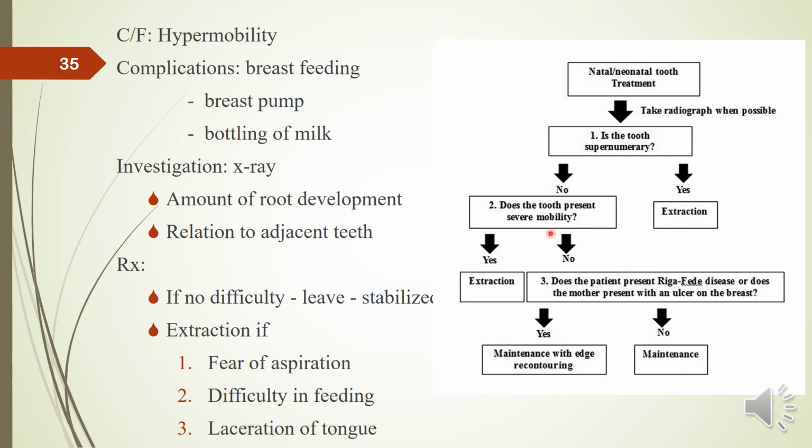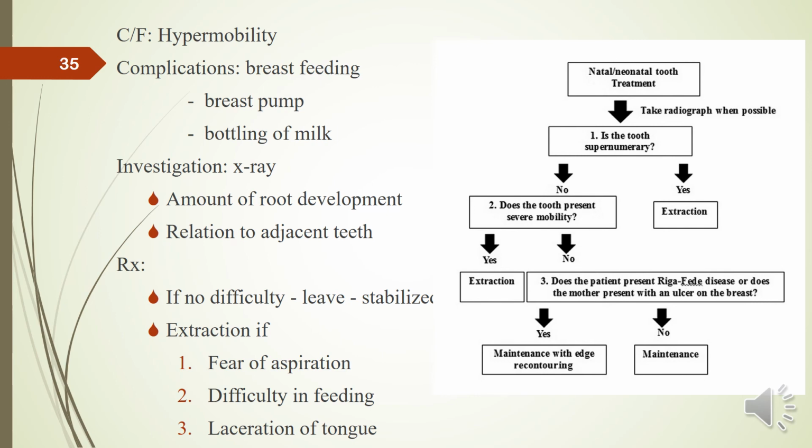But if there's no severe mobility, we have to look at whether the patient is presenting with Riga-Fede disease, and whether the mother presents with an ulcer on the breast because of the incisors. If there is Riga-Fede disease, then you may maintain with rounding of the edges of the sharp primary incisors.